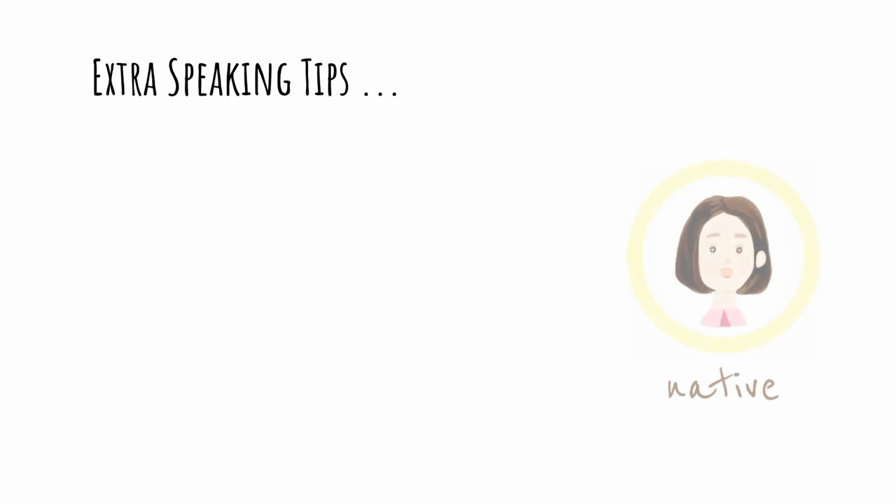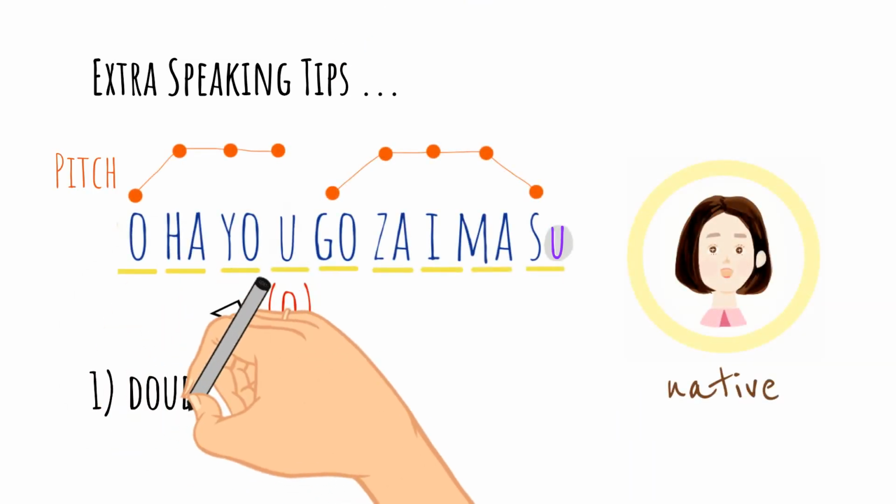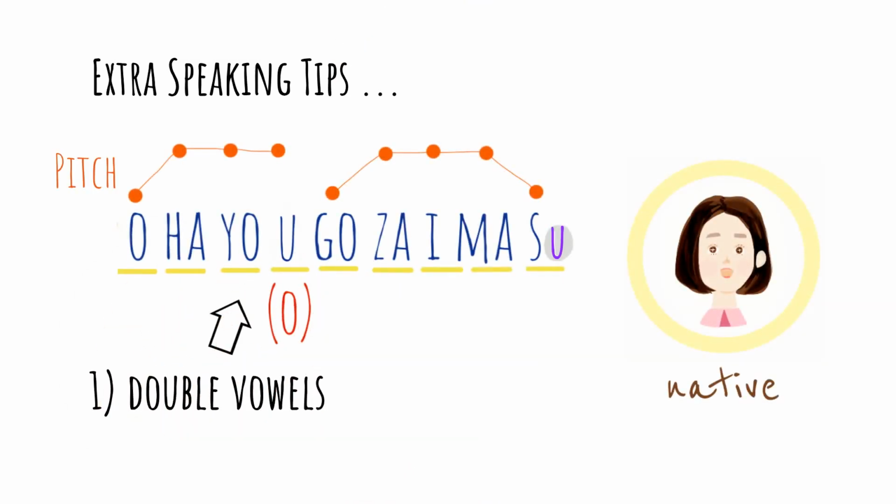Here are a couple of extra tips. First, double vowels, such as O. Actually, we don't literally pronounce O in the conversation. Instead, we pronounce O. For example, we don't say Ohayou gozaimasu.